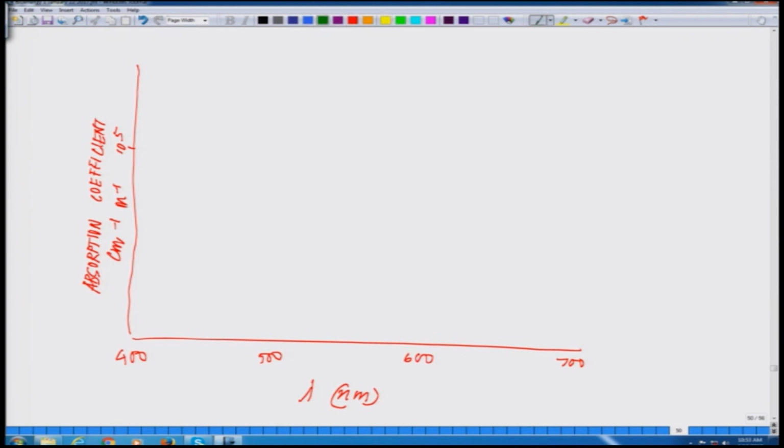So, for chlorophyll A, the absorption peak is something like this. If you see, this is how chlorophyll A's absorption is going.